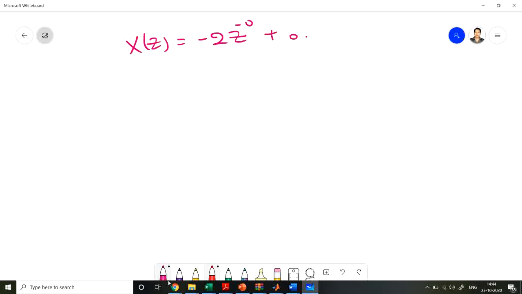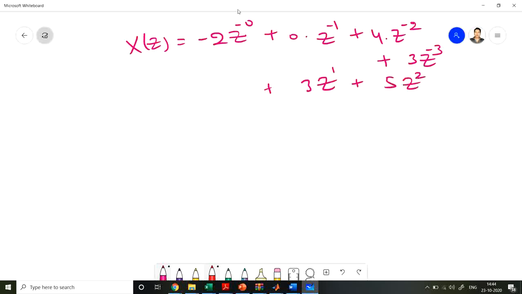So it is minus 2 z raised to the power minus 0 plus 0 into z raised to the power minus 1 plus 4 into z raised to the power minus 2 plus 3 into z raised to the power minus 3 plus 3 into z raised to the power 1 plus 5 into z raised to the power 2. So this is our z transform of x[n].